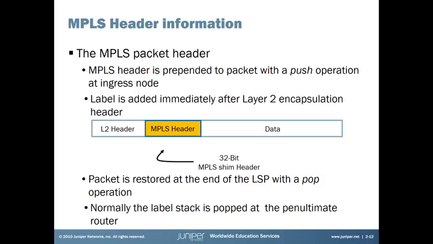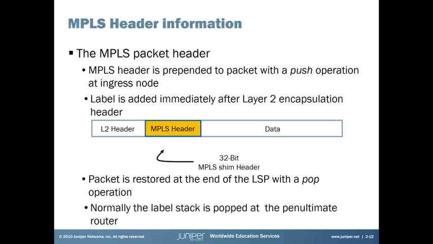So the push is putting the label on, the pop is taking the label off, and that is normally done at the penultimate router. And the penultimate router means the second last router. So, which is actually the meaning of the word penultimate. So that means not the last router, but the one right before the last router on the path.